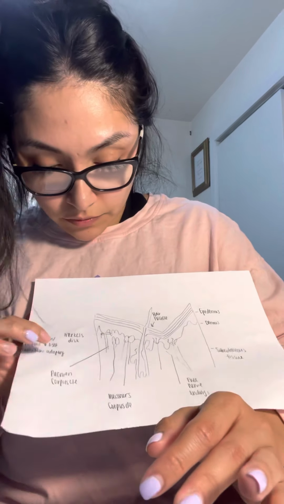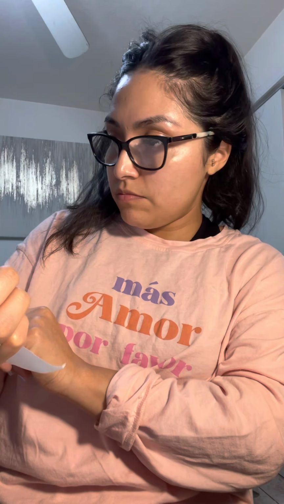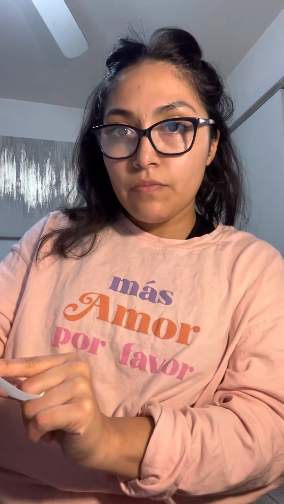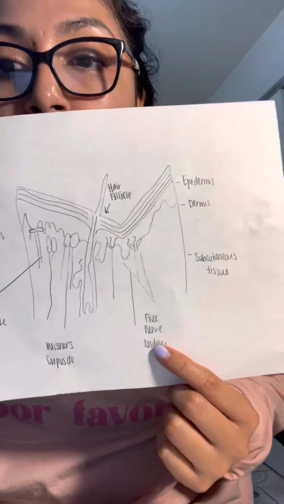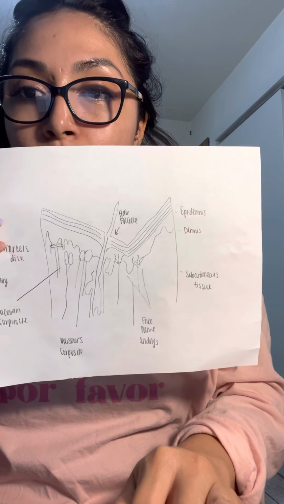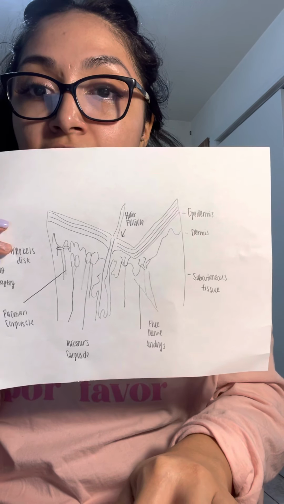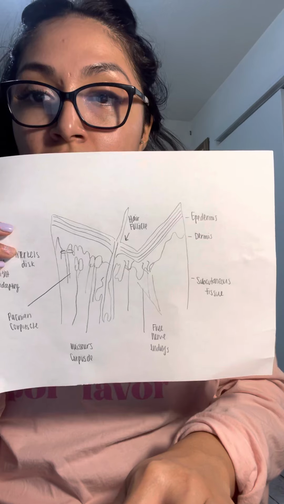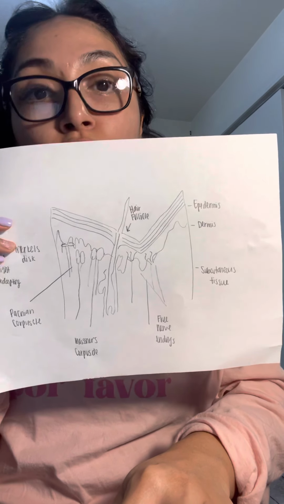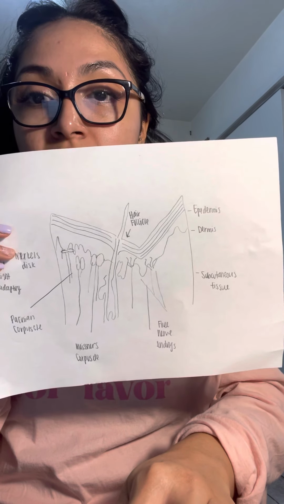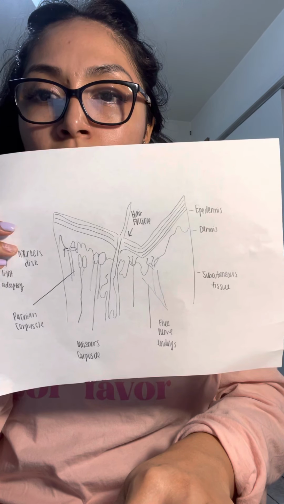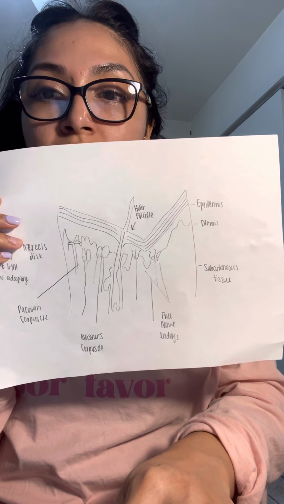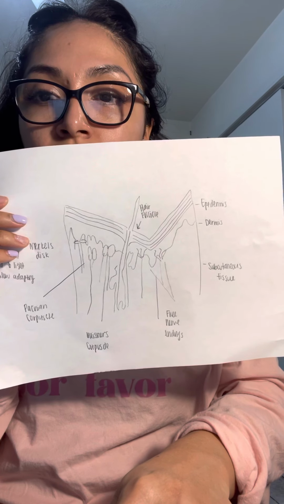Moving on, I touched on that. So we go down here, and this is the free nerve ending. This can detect temperature, mechanical stimuli, touch, pressure, stretch, or danger. Thus, different free nerve endings work as thermoceptors and mechanoreceptors and nociceptors.